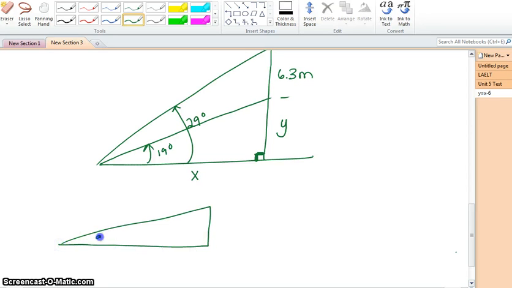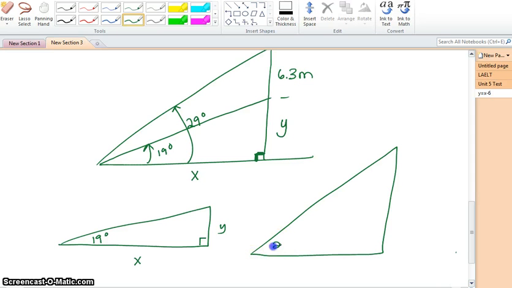So if we draw the triangle separately, here's our right triangle with a 19-degree angle, and here's our right triangle with a 29-degree angle. The height for the 29-degree triangle is 6.3 plus y.